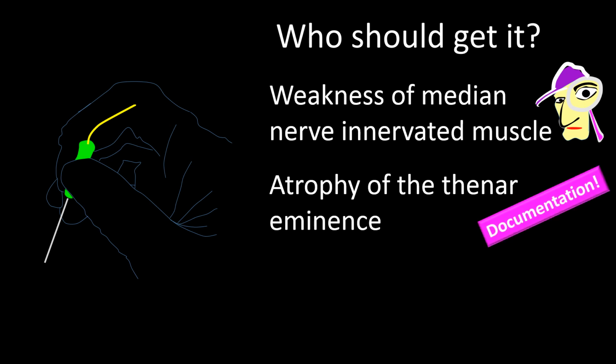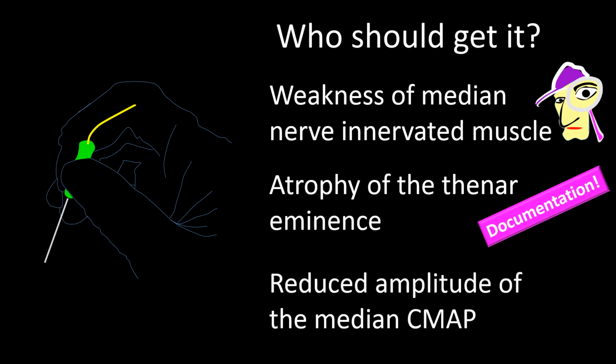For the purpose of documentation, EMG is recommended in these two cases. And if there's a reduced amplitude of median compound muscle action potential is present. Again, for the purpose of documentation.